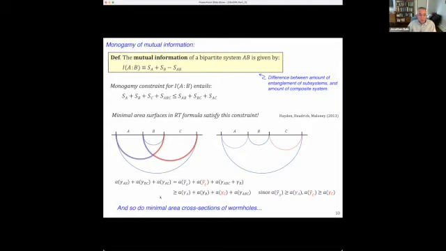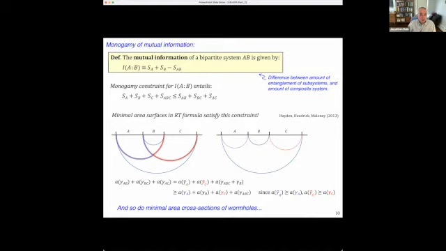An appropriate combination of minimal area cross sections of an appropriate wormhole configuration also satisfies this inequality. And in retrospect, that shouldn't be all that surprising, given that the RT formula was an initial motivation for adopting minimal area cross section as a measure of wormhole connectivity.